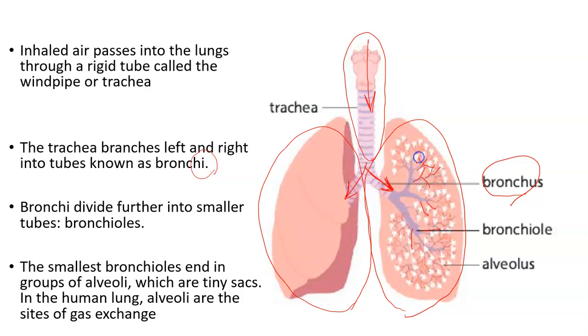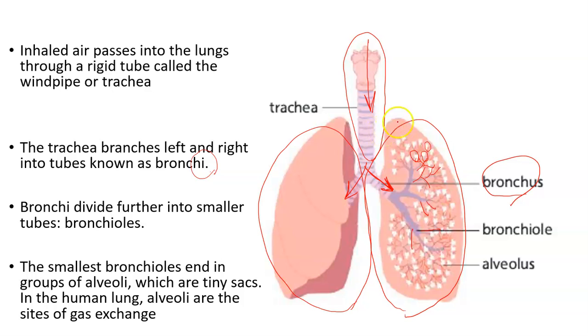And the smallest bronchioles end in groups of alveoli, which are tiny sacs. In the human lung, alveoli are the sites of gas exchange.